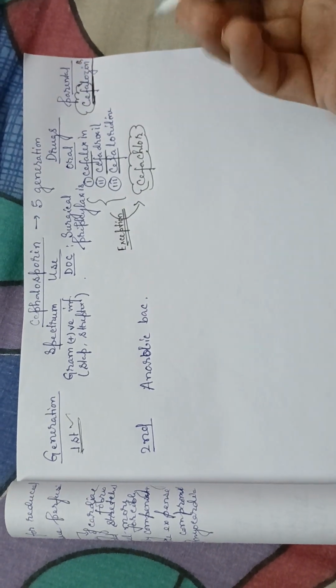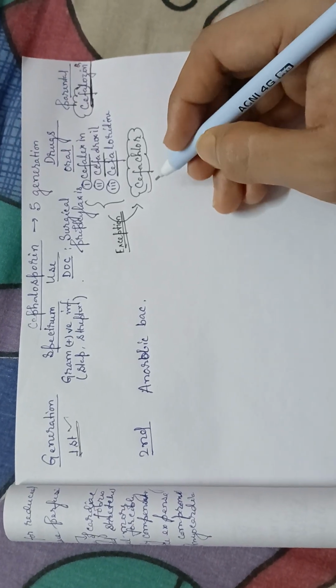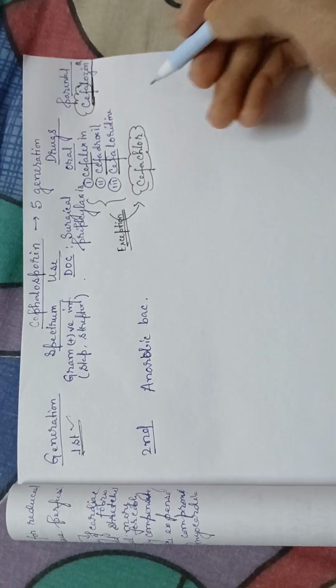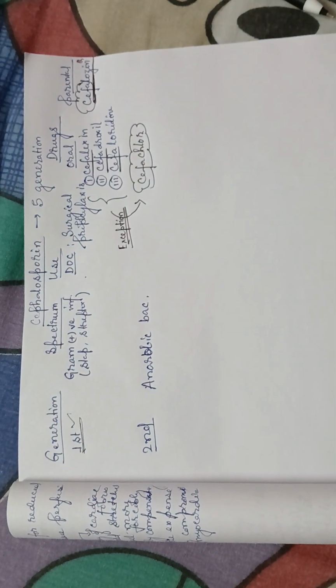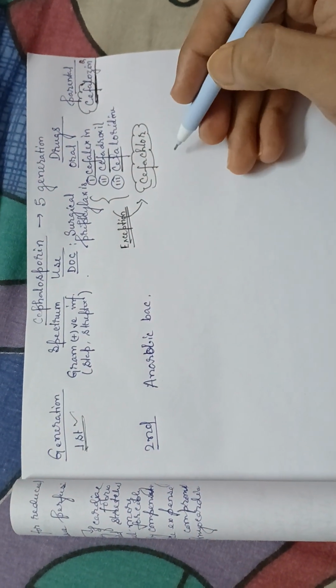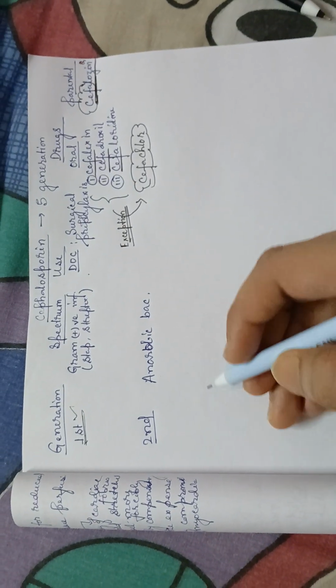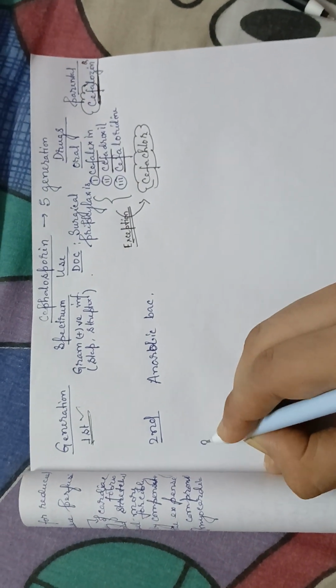Okay, and here you do not need to give much emphasis to the drug names. We have to remember another exception from the third generation of drugs, which I will discuss when the third generation is discussed subsequently.